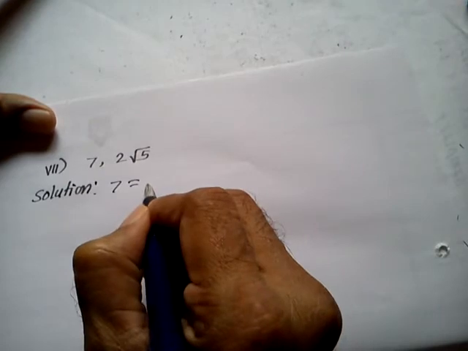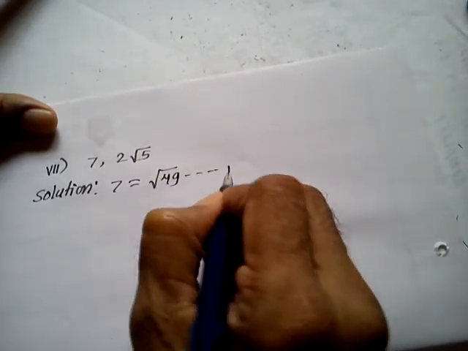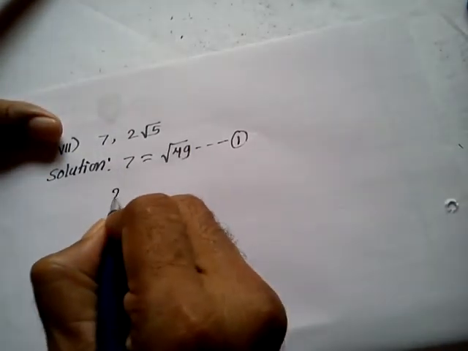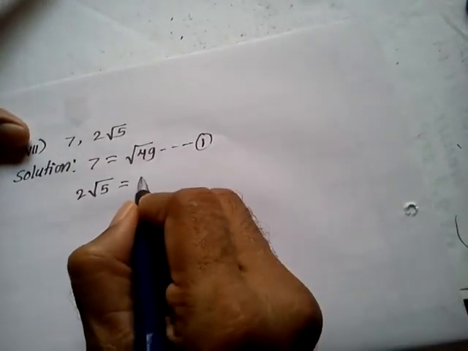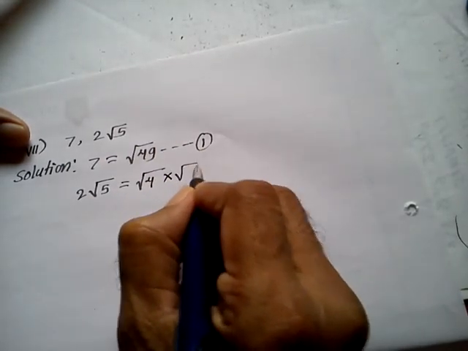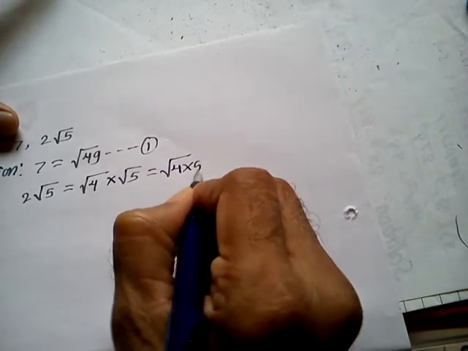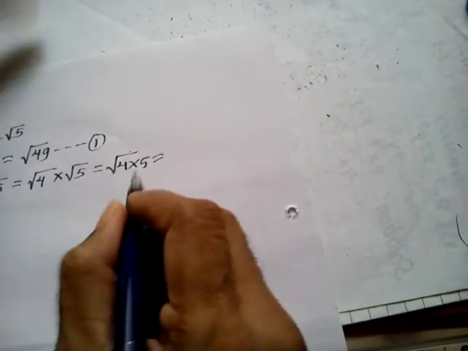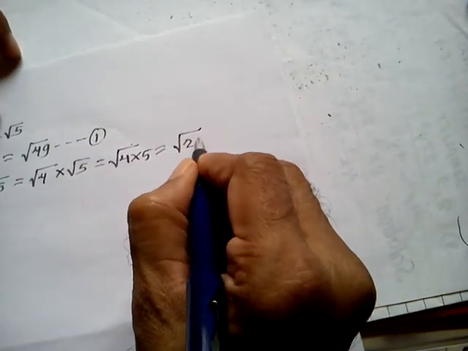7 is equal to root 49, first one. Second number is 2 root 5, that is square of 2 is 4 into root 5 is equal to 4 into 5, just for the rule, not necessary, you can write directly, root 20.